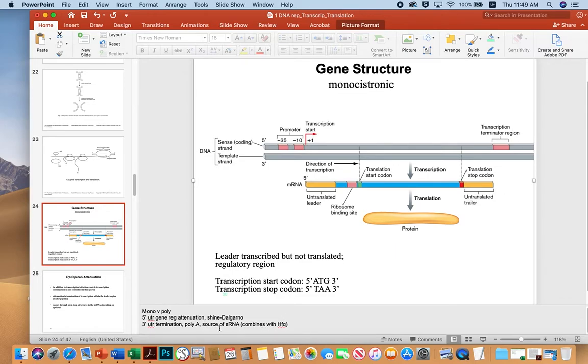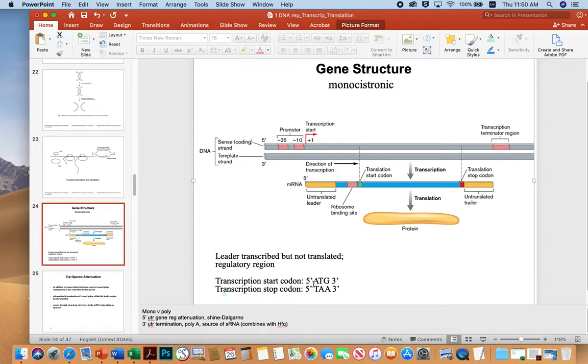So I had that little note here. This region right here can be clipped off, and then this RNA can associate with a protein called Hfq to literally silence certain genes from being expressed. Silencing RNA is something that we'll talk about later.